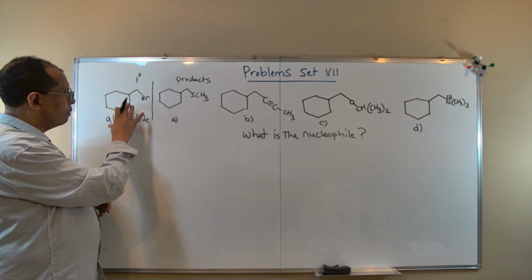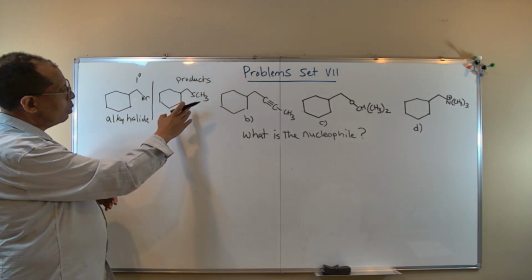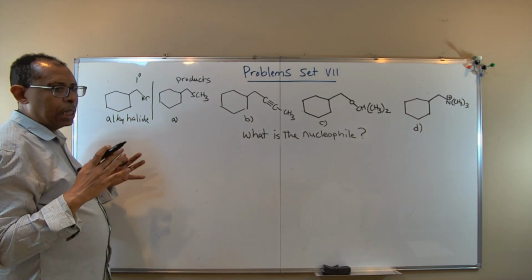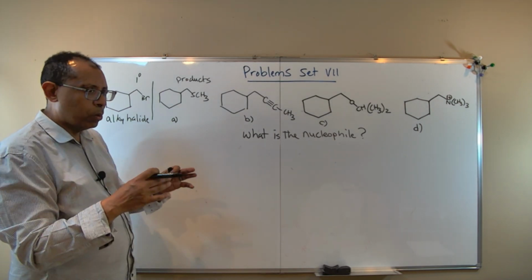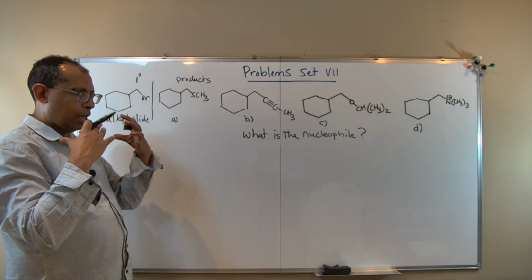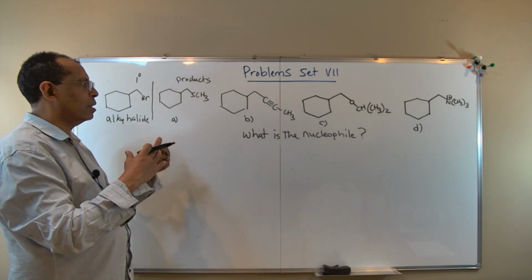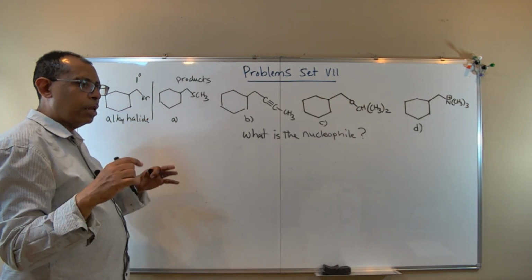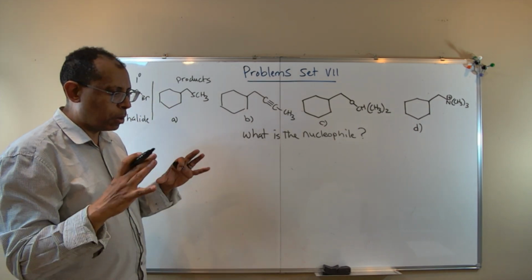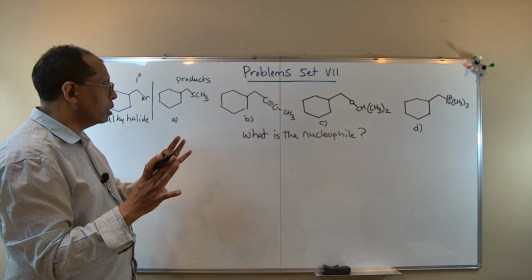So you have this. If you just look at here, the question is basically asking you to retrosynthesize and see what nucleophile is used. So this is a new concept in synthetic organic chemistry, but here I'll just simplify it.